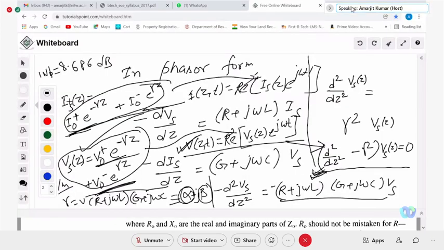You have to put IS(z) and VS(z) in these two equations. Propagation constant is gamma, and the characteristic impedance is the ratio of the positively traveling voltage wave to the positively traveling current wave.